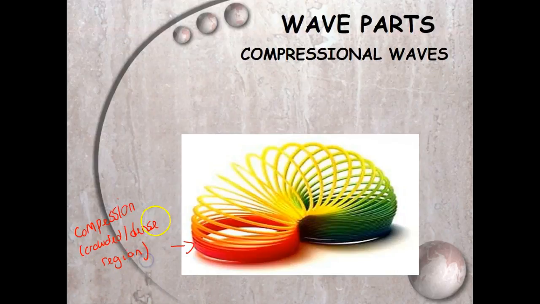And you need to be filling this in as we go through. Now this part, there are not very many coils in the same area as this. If this is the width and we take that same amount, you can see maybe there's only one here, but there are 10 here. What I think of is that it's rare to find a lot of these coils in the same spot right here. Since it's rare to find that, we call it a rarefaction.